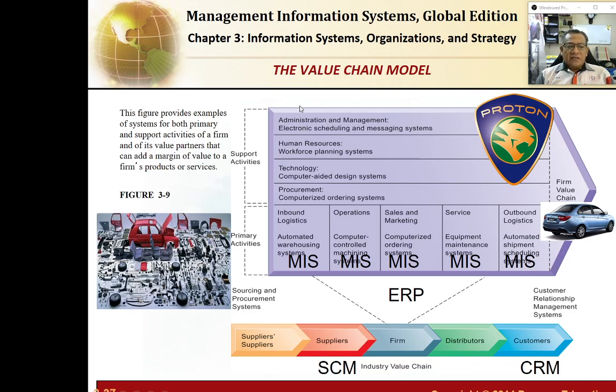This is what they call the value chain model that makes up a business like Proton. Okay, so here we are moving basically from left to right. So we could say we are moving from supply chain management software up to ERP software, and then later we deliver to customer. We maintain our customer retention program with a customer relationship management enterprise system, right?